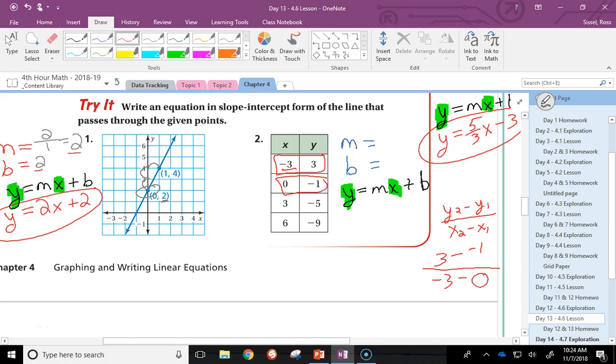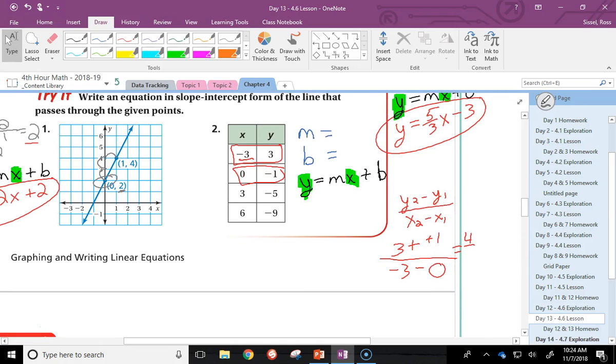So 3 minus negative 1 is positive. So you just forgot that negative sign with it, right? So that's 4 over, and what's negative 3 minus 0? Negative 3. Remember, I have negative 3 and I don't take anything away.